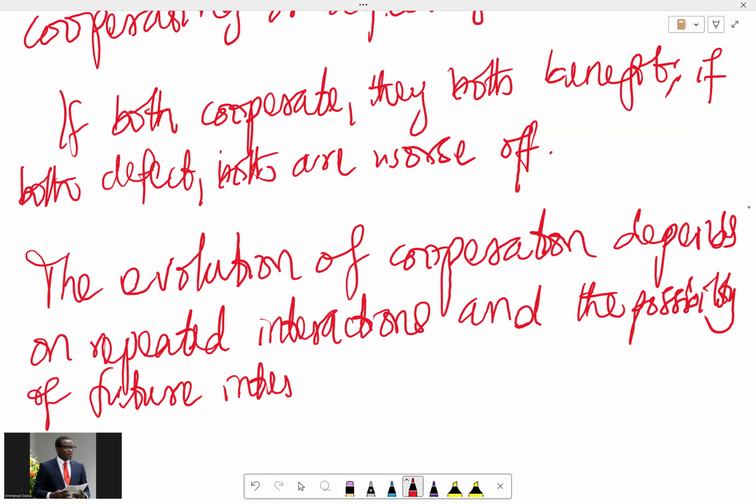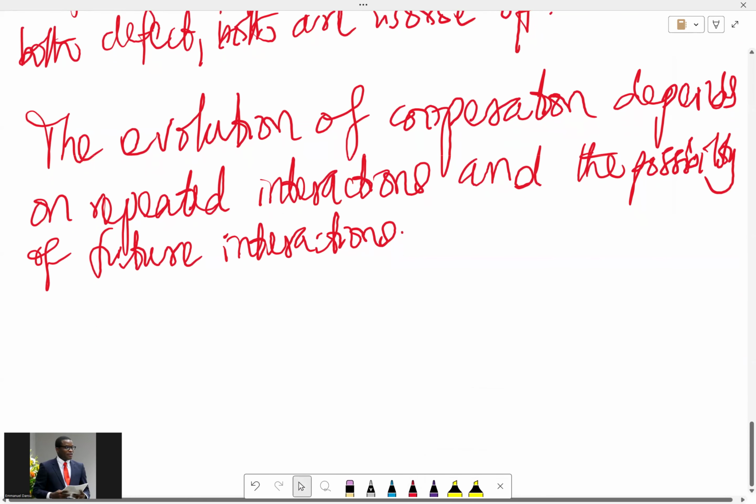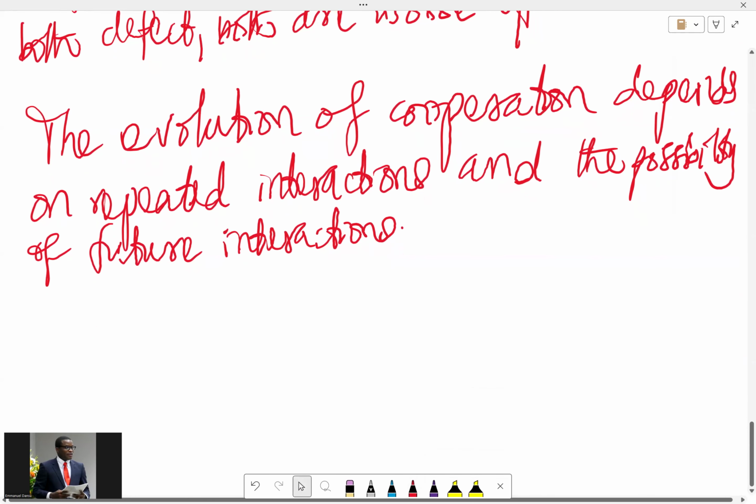So if interactions have gone on and both players have been very aggressive with themselves and they have lost a lot, over time they will learn to cooperate and just enjoy some benefits.